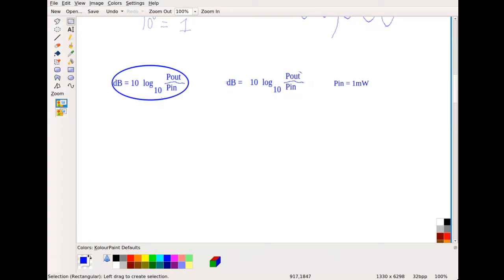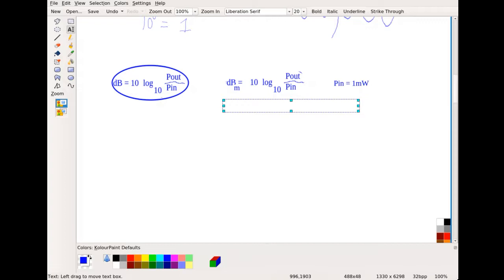So if that's the case, then what we would have is millidecibels. They put a little lower m in there to indicate millidecibels. Okay.